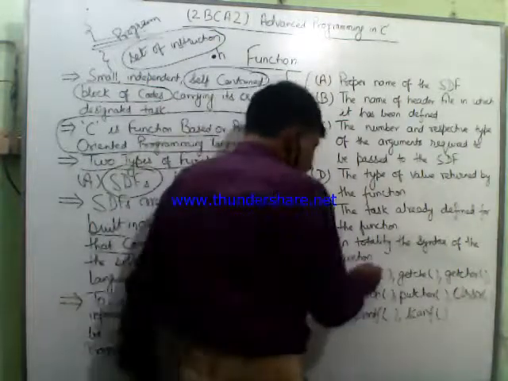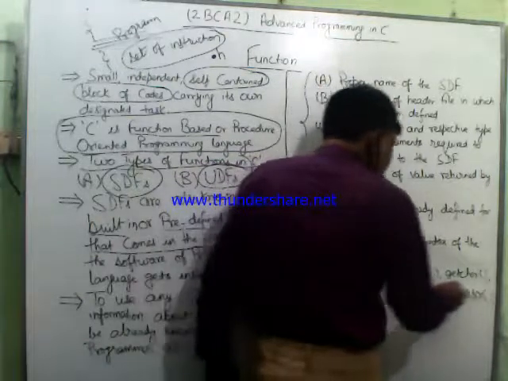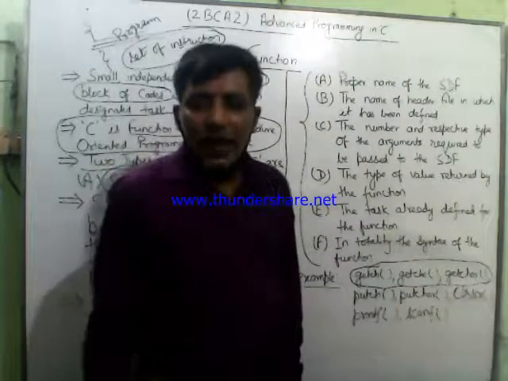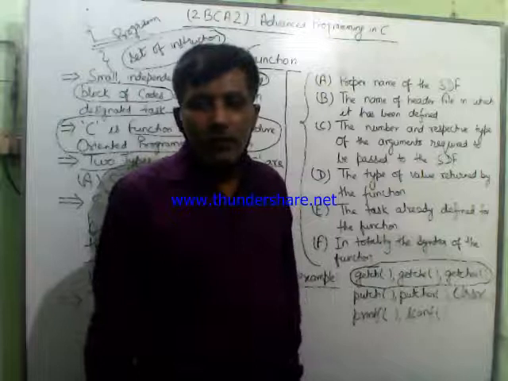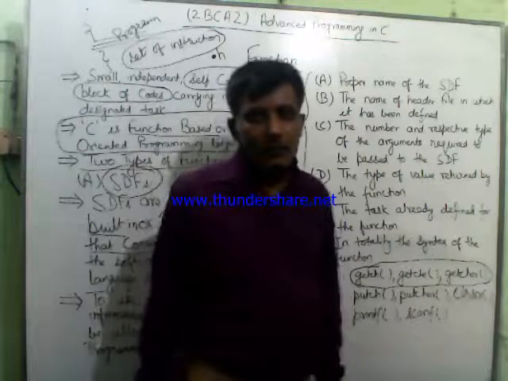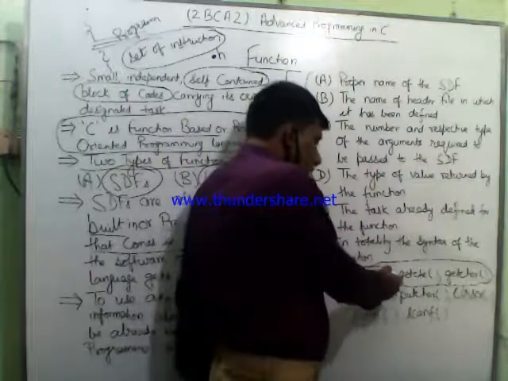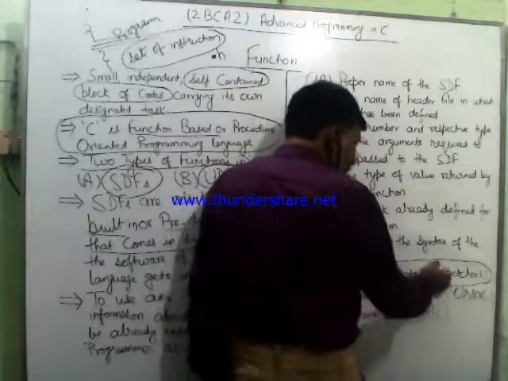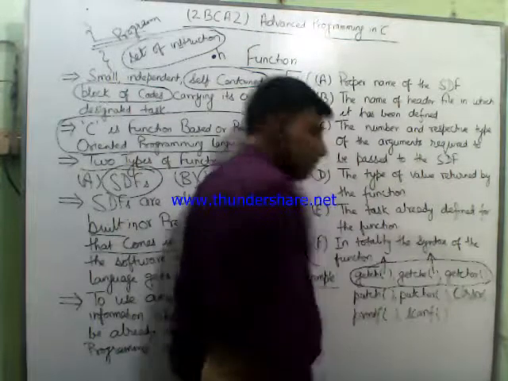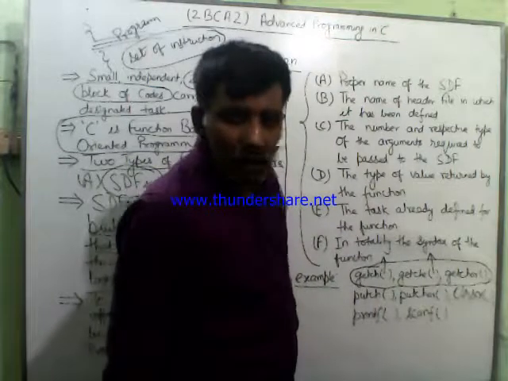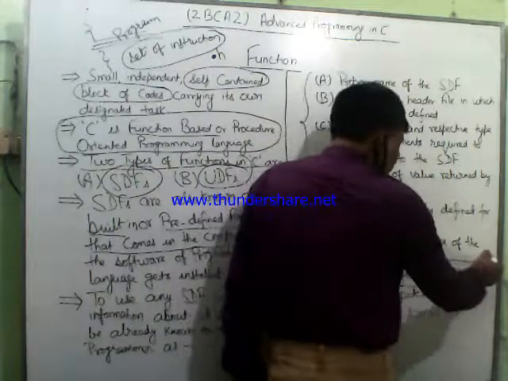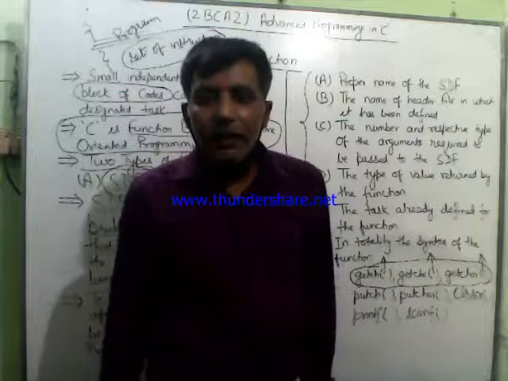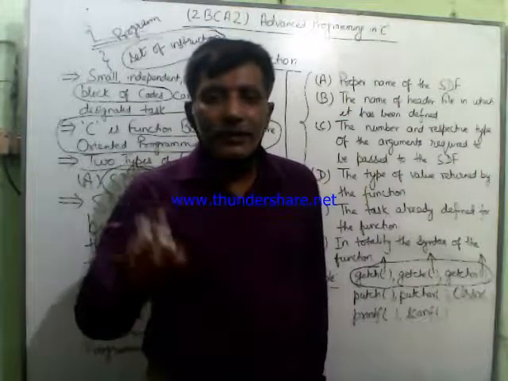These 3 functions are system defined functions, and these 3 functions perform input of a character value in the program. getch does not accept any argument, getche also does not accept any argument, and getchar also does not accept any argument. But all these 3 functions return an integer value.